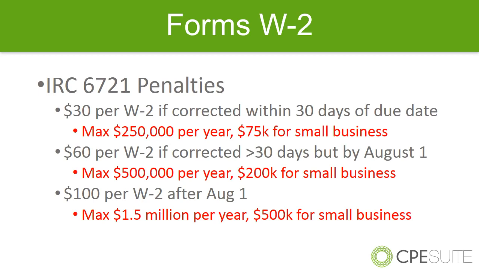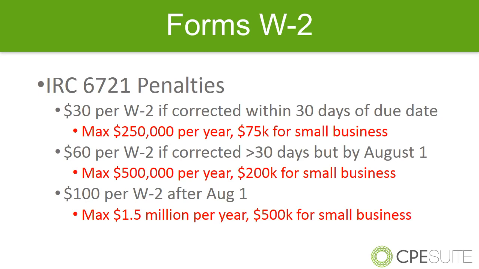So if you file the W-2 or if you file the correction within 30 days of the original due date, then the penalty is only $30 per W-2. This situation has a max of $250,000 in total penalties for a calendar year. That number is reduced to a $75,000 cap if they meet the definition of a small business, which we'll talk about here in a second.